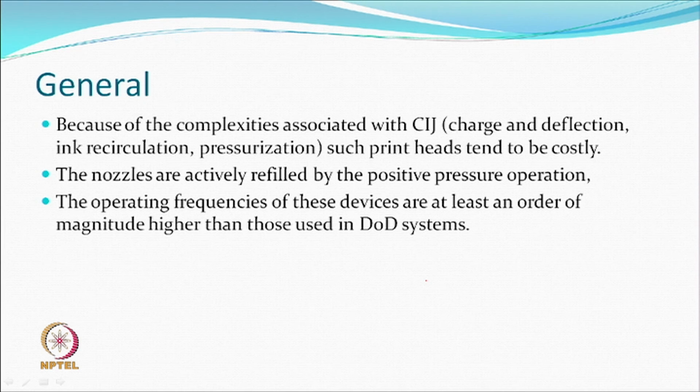Nozzles, or the area around the nozzle, what we call the reservoir, is a positive pressured operation in this continuous jet. Operating frequencies of the devices which are put in this continuous inkjet category generally use higher frequency, at least an order higher than drop on demand, because there the signal and feedback has to be that this signal comes, the drop comes, then you wait and then another signal comes.